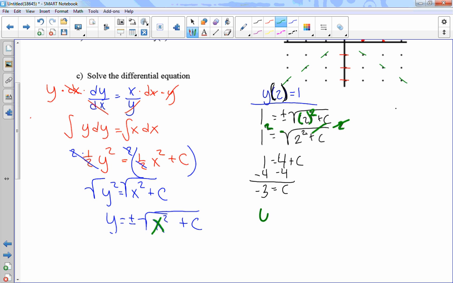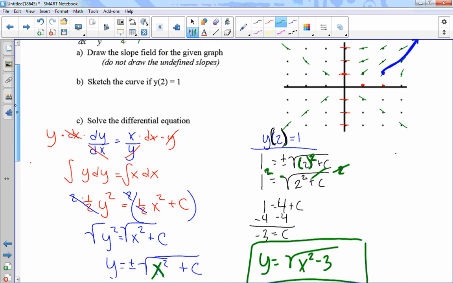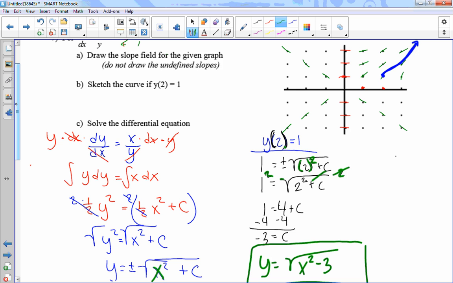So our function is square root of x squared minus 3. And 2 comma 1, it's 2 is the x. 2 comma 1 is in the first quadrant, so we really have to look at the principal root. You can see on the graph, it's not going to go into negatives because it can't jump below here.